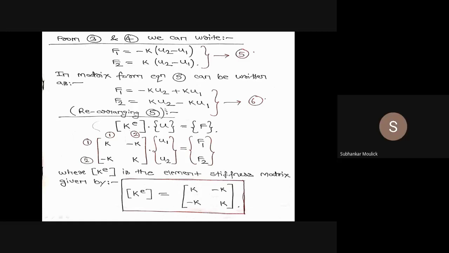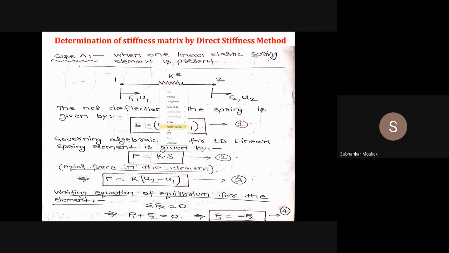Equation number 5. Okay. If I draw the free body diagram of this element, this is the element. At the second nodal point, F2 is acting, and at the first nodal point, F1 is acting.